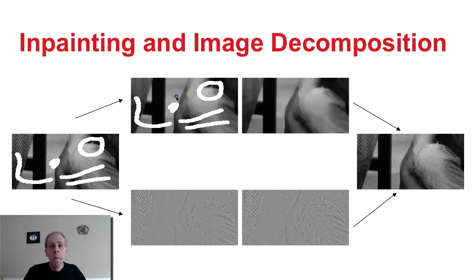One part is piecewise smooth. It has no granularity, no texture at all. And the other is where all the texture has gone. Now you inpaint the structure part with the techniques I just mentioned.